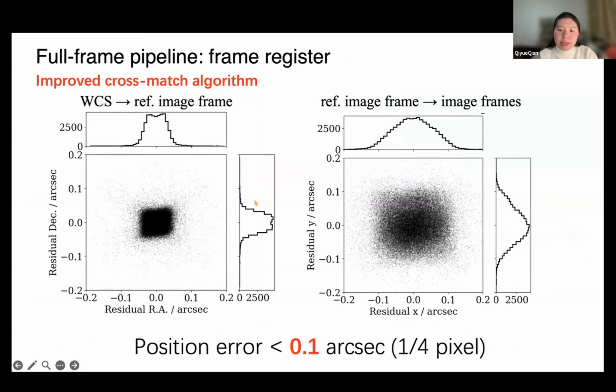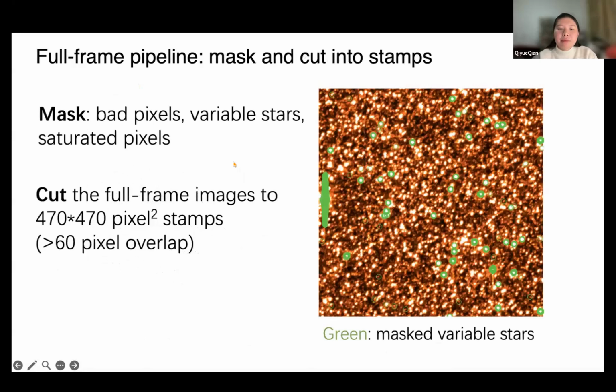We improved the cross-match algorithm to make the frame register more accurate and robust. The residuals after the register are shown here. The precision error can be reduced to less than 0.1 arcsecond, which is a quarter of pixel size of KMTNet.